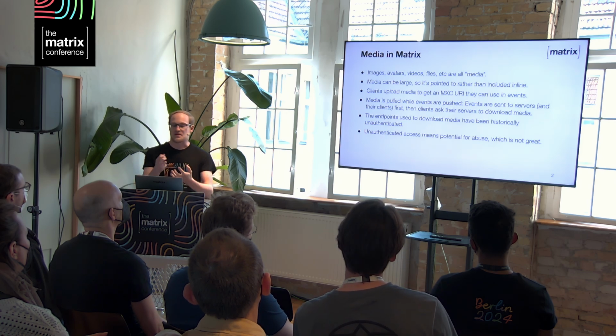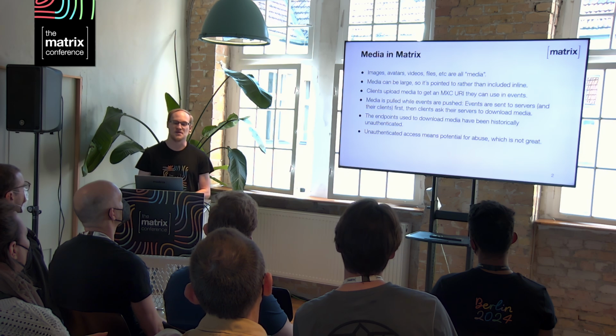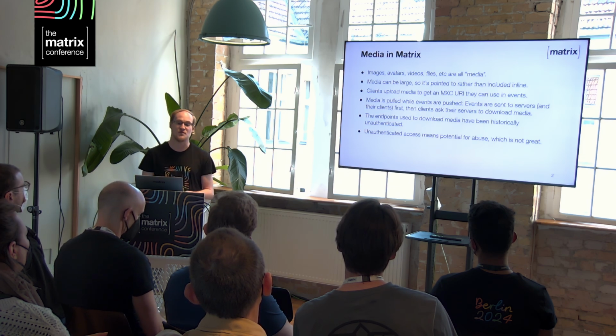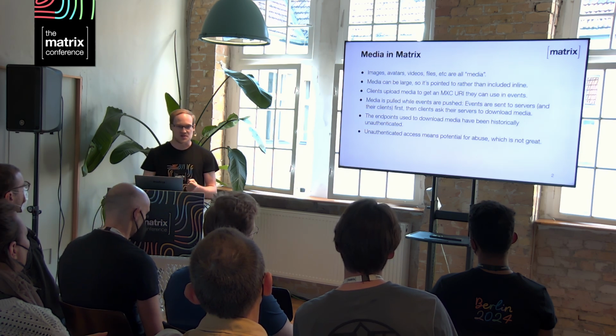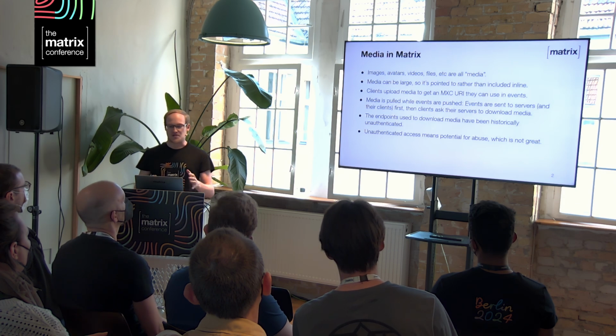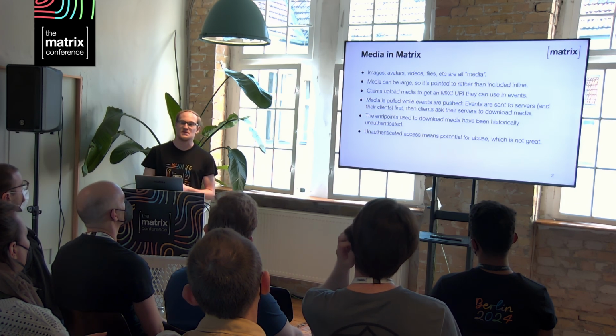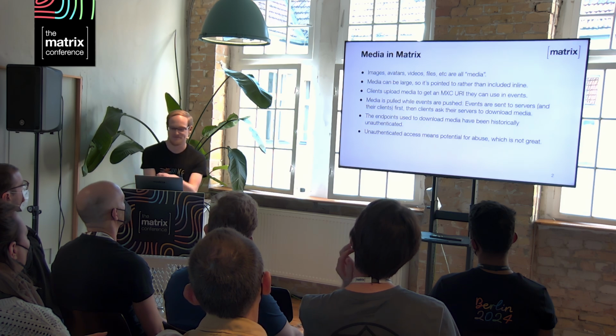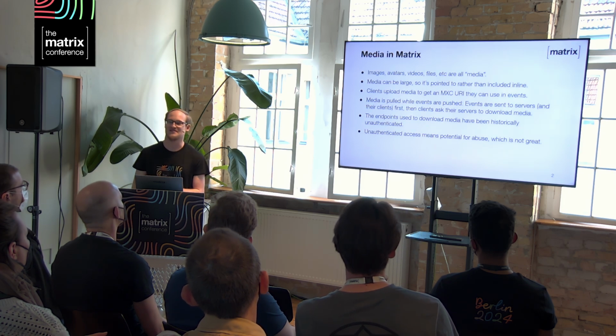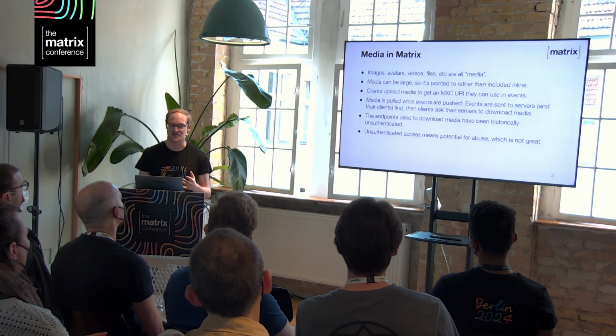And then once the client sees that event, or rather the user sees that event, the media is then asked to be downloaded from the server. Those endpoints that are used to download that media have, up until now, been unauthenticated, which causes issues. Abuse is not great, and Authenticated Media tends to fix that.